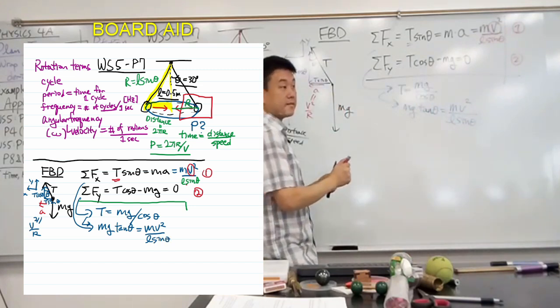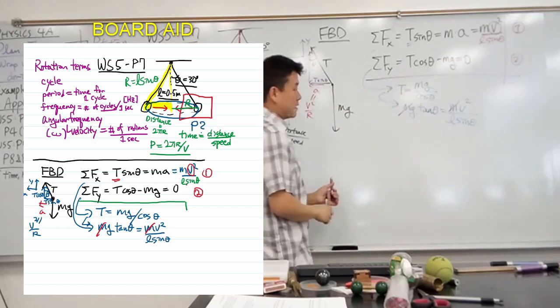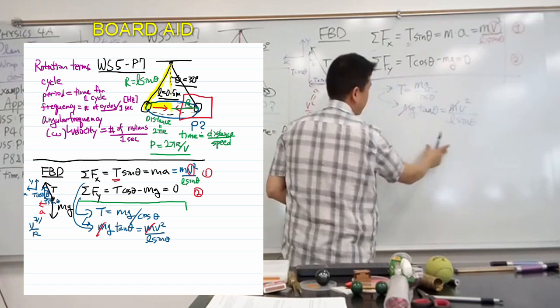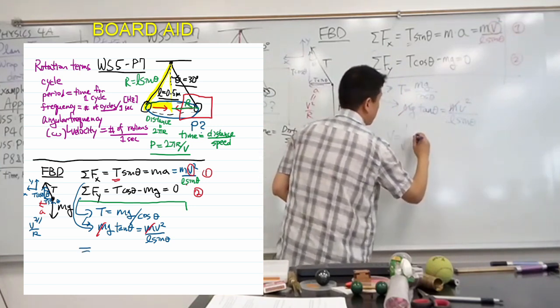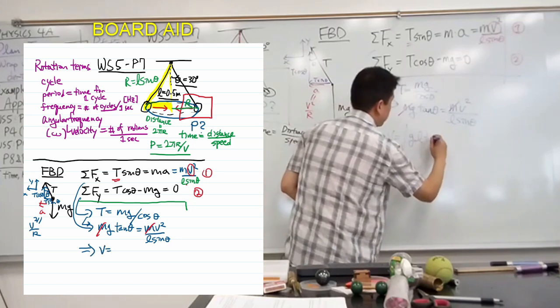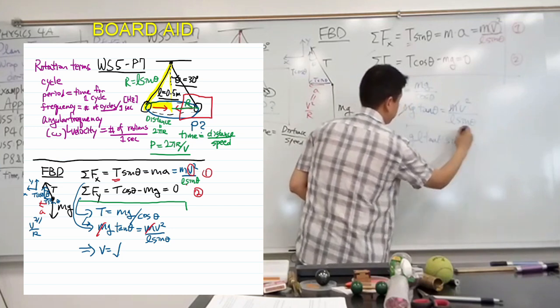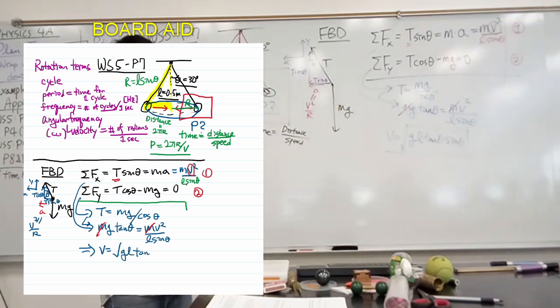All right, masses cancel. Let me get rid of it. Then I can solve for V here. Move L sine theta over. I get V is equal to square root of GL tangent theta sine theta. Good. Now I'm not actually done.